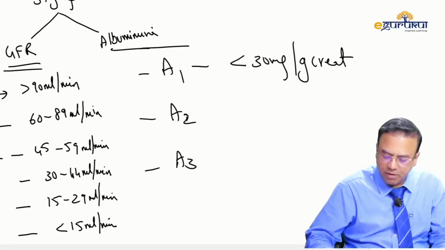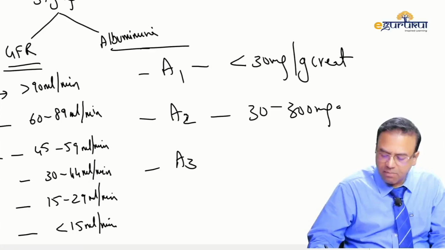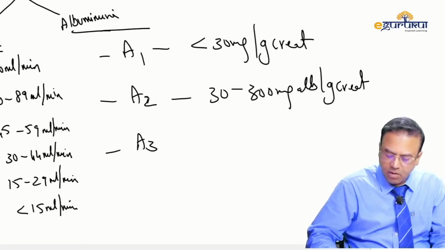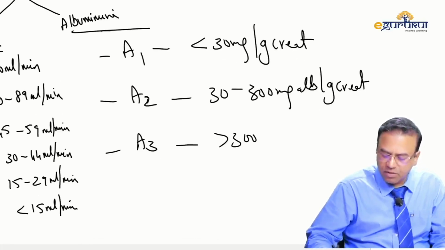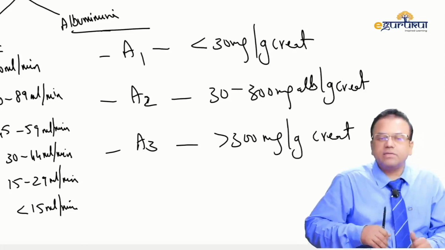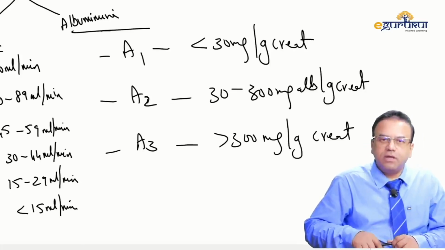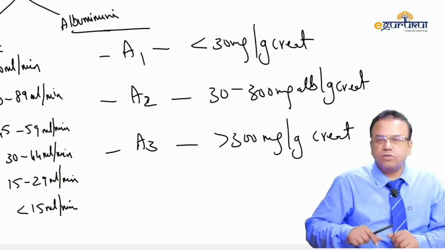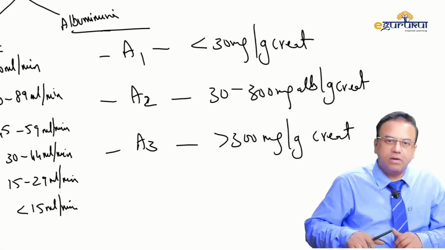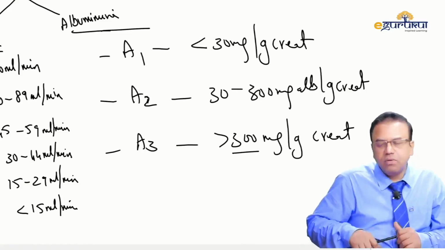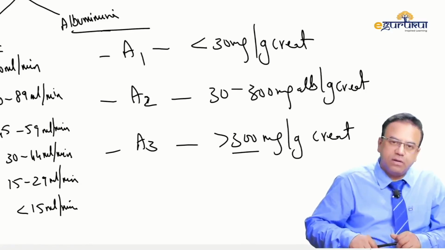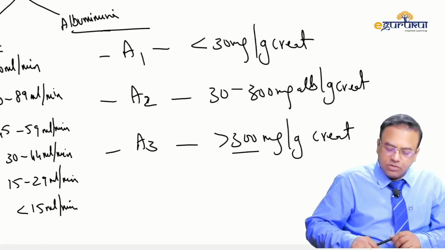If it's 30 to 300 milligrams albumin per gram of creatinine in the spot urine analysis, that is A2. If it's more than 300 milligrams, then that is A3. So A1, A2, A3 is less than 30, 30 to 300, which used to be called microalbuminuria, and macroalbuminuria is now A3, that is more than 300.